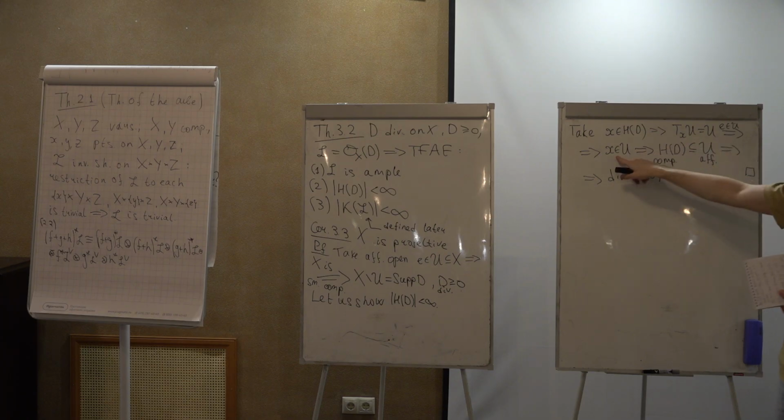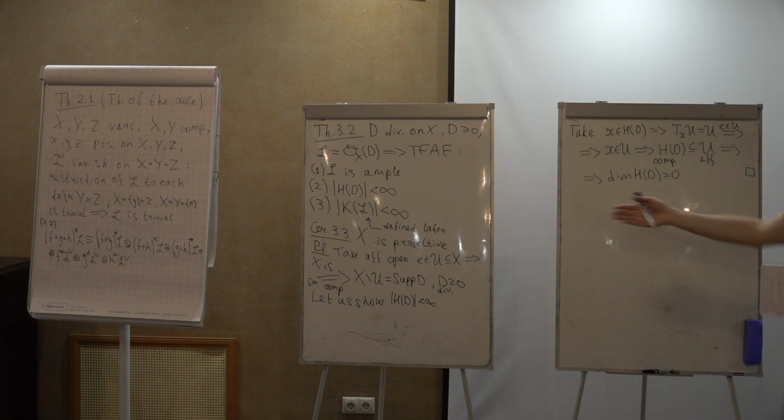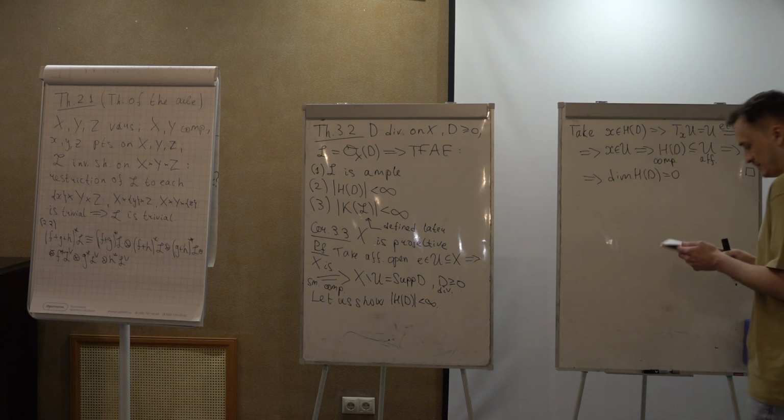So x is in U. So every point in H of D is contained in U. But this thing is closed in X, so it's a complete thing, maybe reducible, but complete. And this is affine by definition. So we have something which is complete, contained in something which is affine. So this is just a finite set of points. Okay, thank you. It's clear.